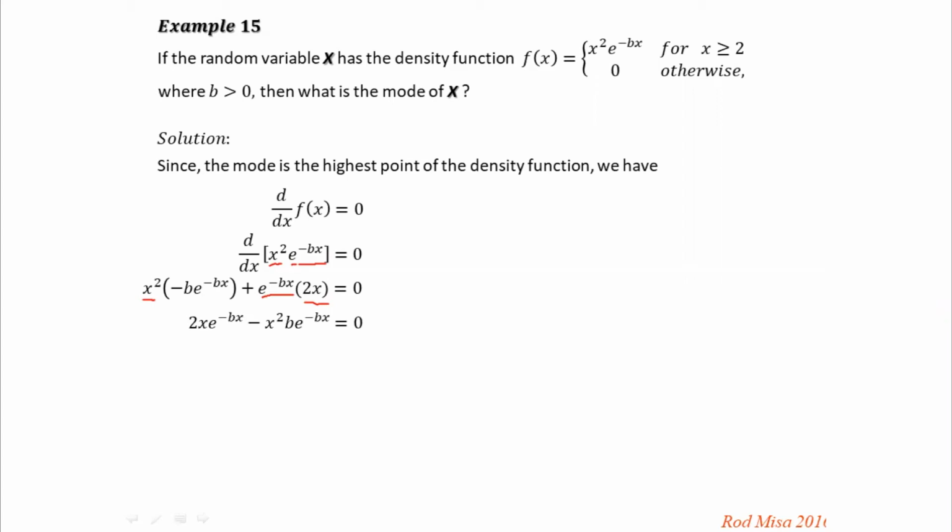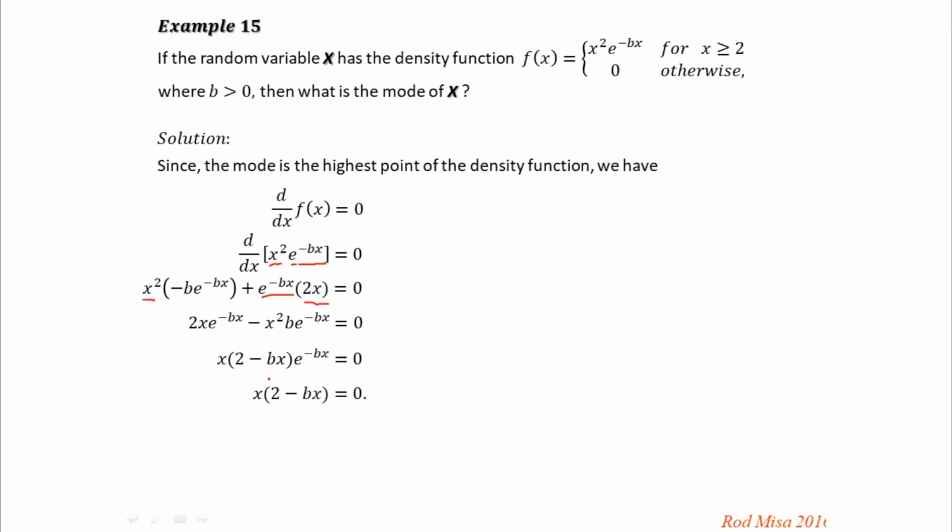So factoring out x and also e to the power negative bx, we have x times (2 minus bx) times e to the power negative bx, the whole product equal to 0. So dividing both sides of the equation by e to the power negative bx, we have x times (2 minus bx) equal to 0.